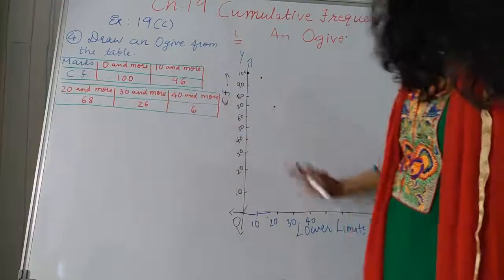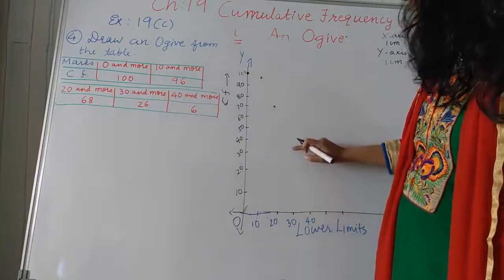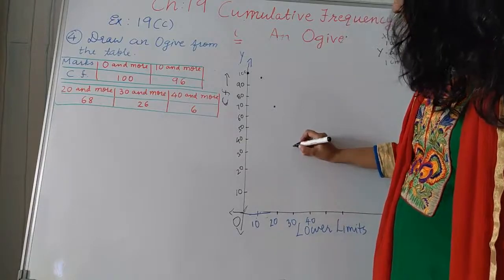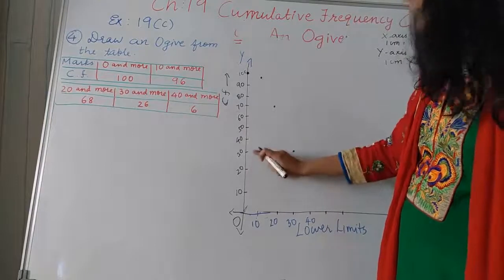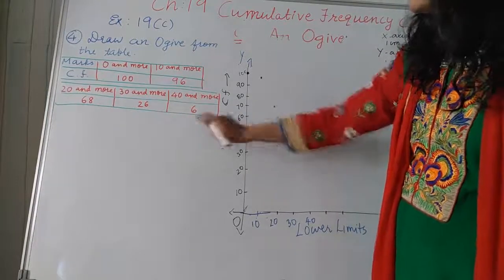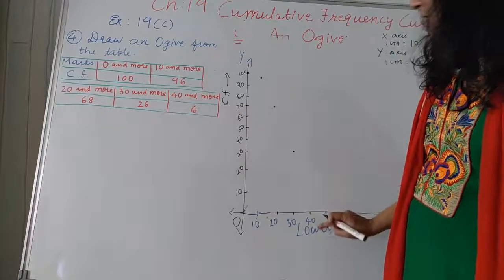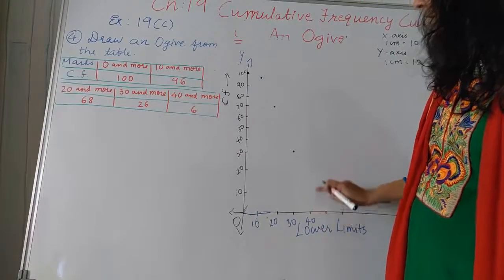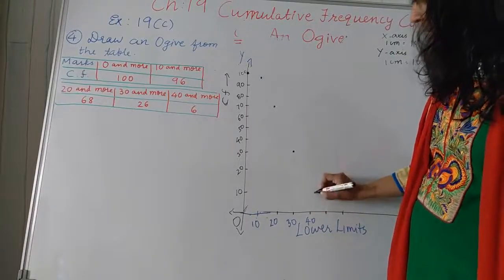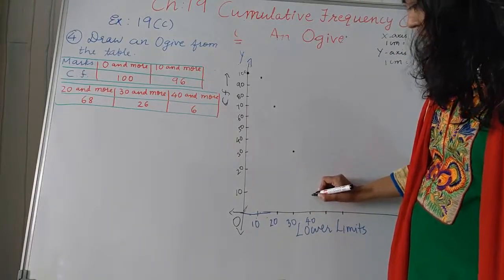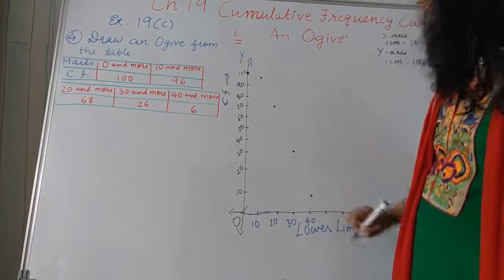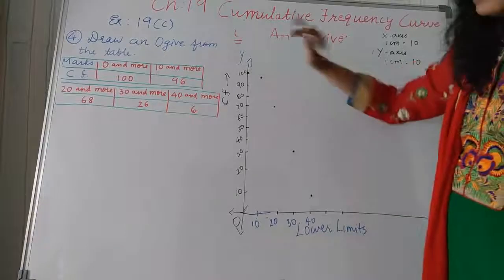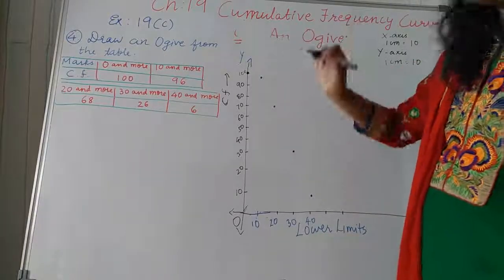Next is 30. So 30 and 26 will be marked here between 20 and 30. Then 40 is here and 6 means here somewhere. So this way, after putting the points, you have to join them using your pencil only.